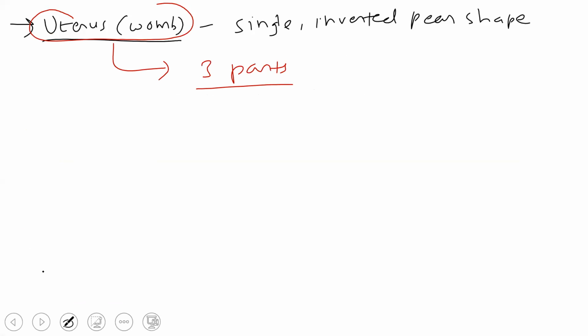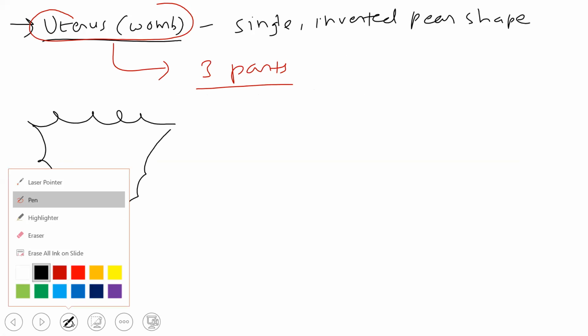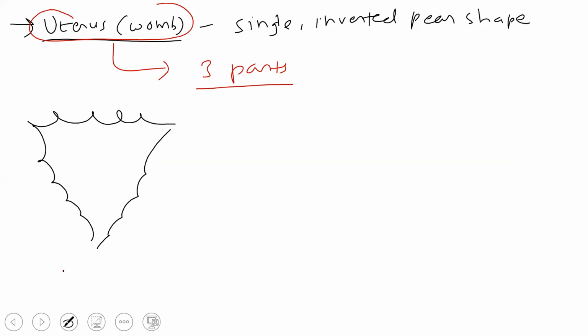If you consider the uterus like this, the upper wide part over here will be considered the uterine fundus.